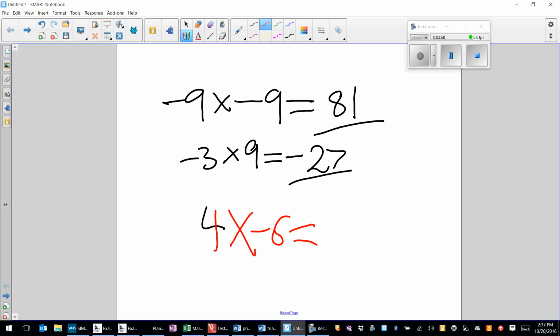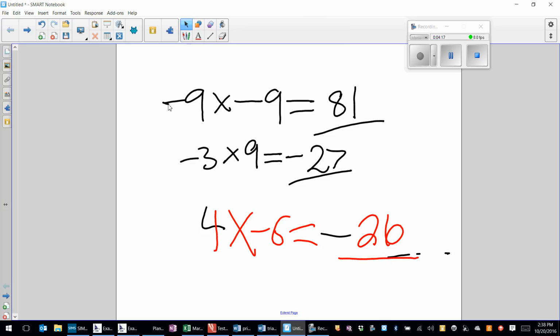Negative 4 plus negative 6 would be negative 10.